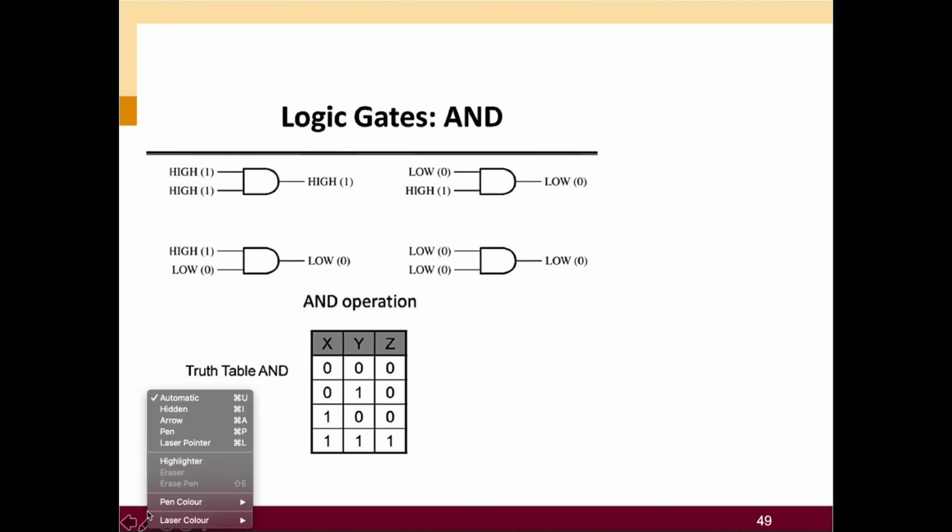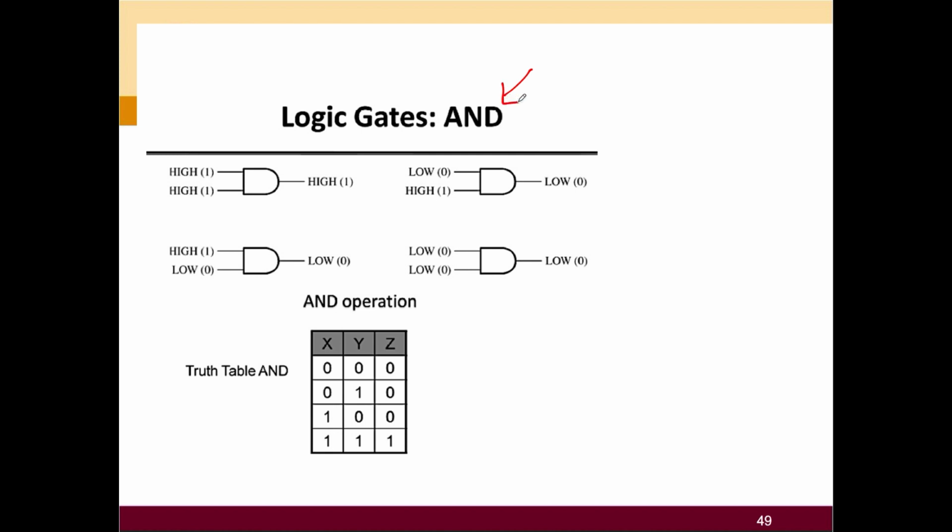Okay, for this gate you will look into the AND gate, which you already looked into in the last video. You have 4 possibilities of input because you have 2 inputs over here, and the most important thing is you will have only one output.